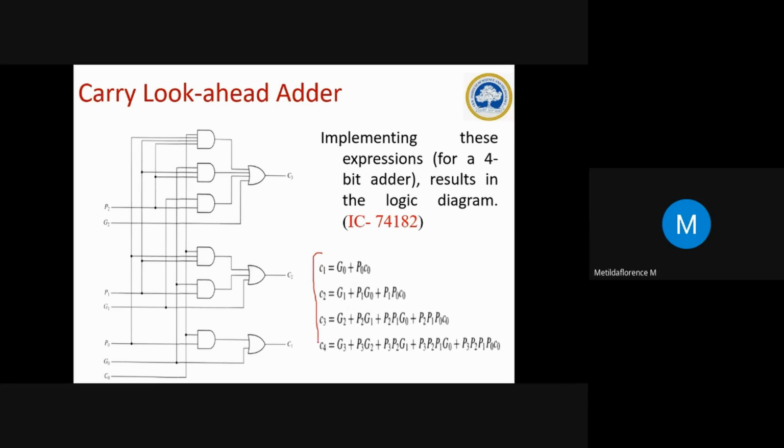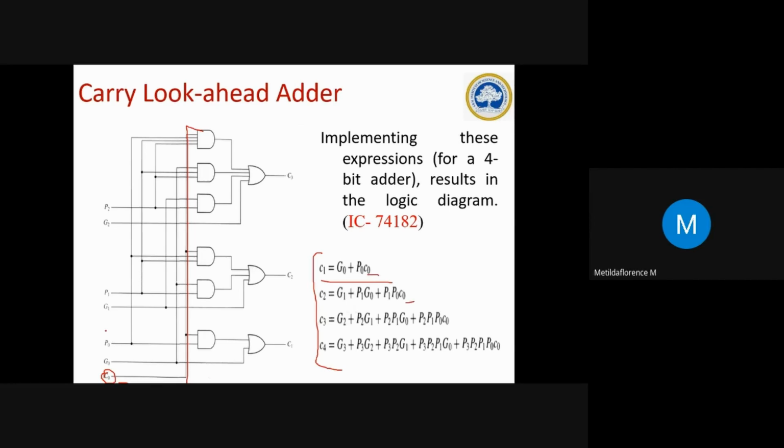All these expressions, right? So first, C1 equal to G0 plus P0 C0. Here if you see, C0 is common. While drawing, how to remember, I'll tell you. C0 is common, no? So you put one straight line going till the last gate. C0 is common to all.